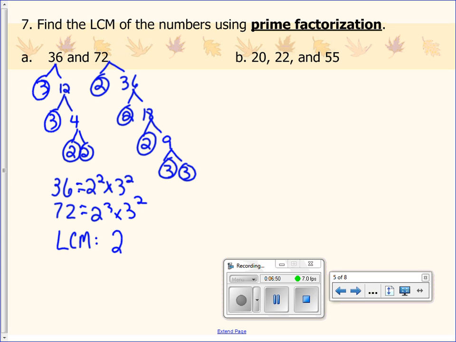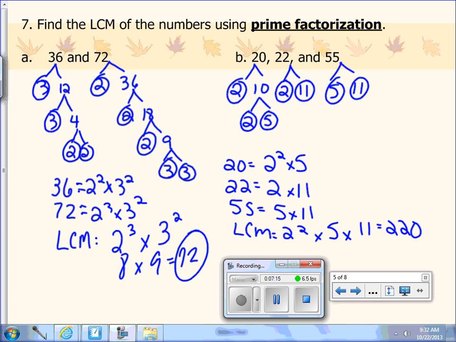So I'm going to have 2 cubed, or 2 to the 3rd, times 3 squared. 2 cubed is 8. 8 times 9 is 72. So the least common multiple of 36 and 72 is 72.